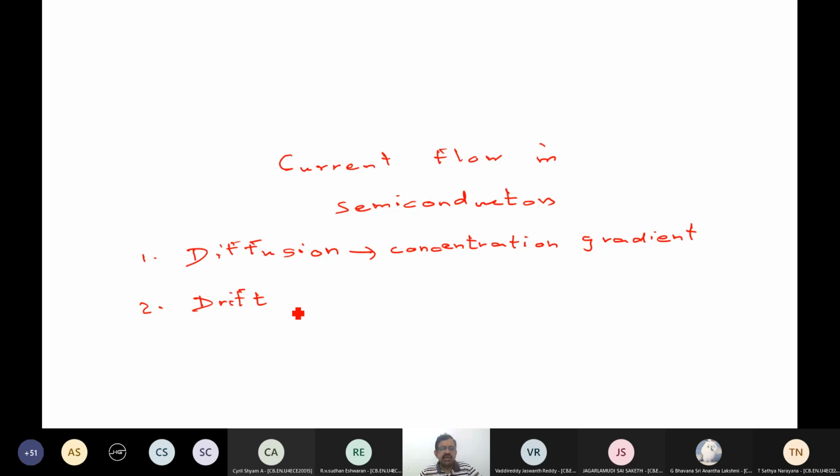Now think about the drift mechanism. The drift mechanism happens as a result of application of an external field across the semiconductor.